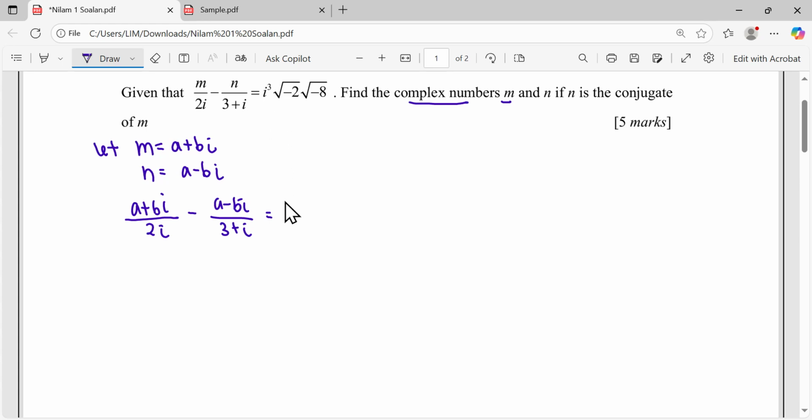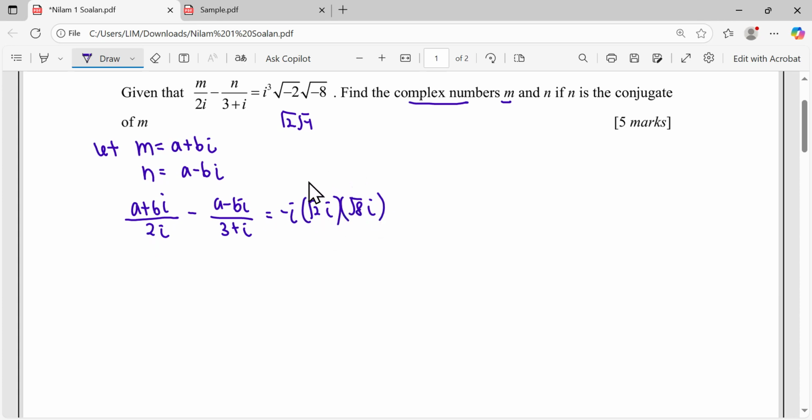i cubed equals negative i. Then square root of negative 2 means square root 2 times square root of negative 1, so we make it in complex number form. Square root 8 becomes square root 8i. For an equation, what can we do? We can get rid of the denominators by multiplying with 2i and 3 plus i. Then we get rid of the division and just do multiplication.